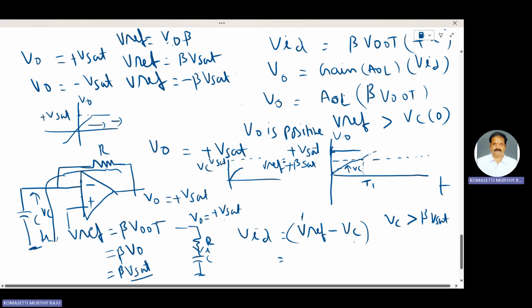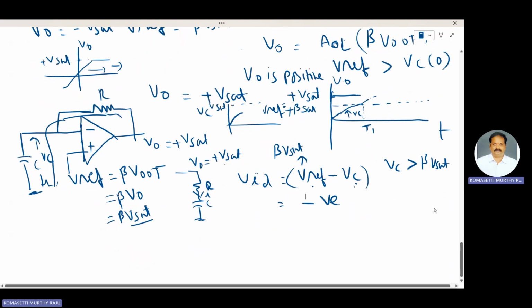V reference is beta V set here. Therefore, the difference voltage is negative because VC is the higher value and V reference is the lower value. The difference voltage VID is negative.